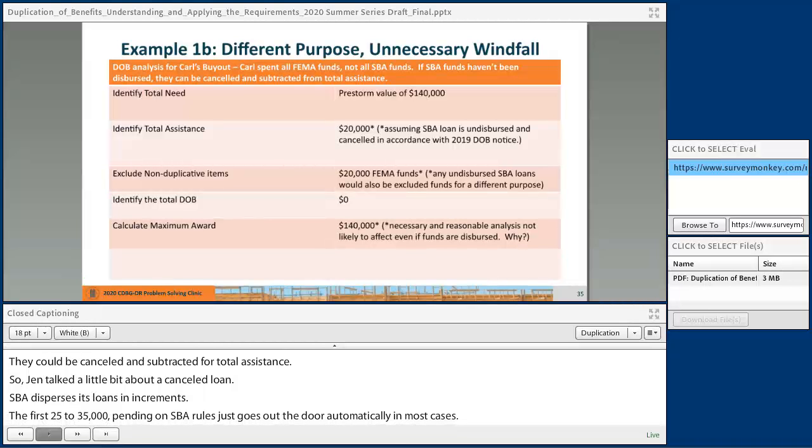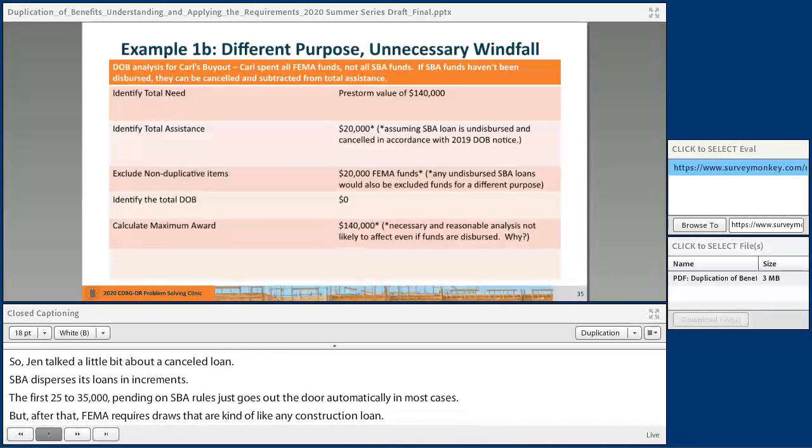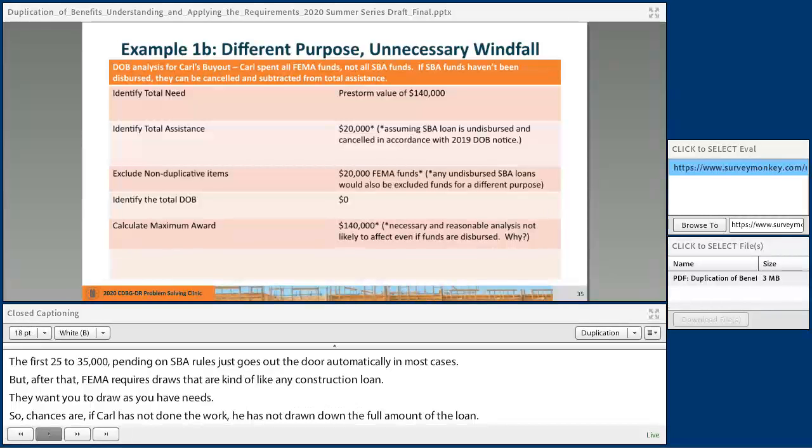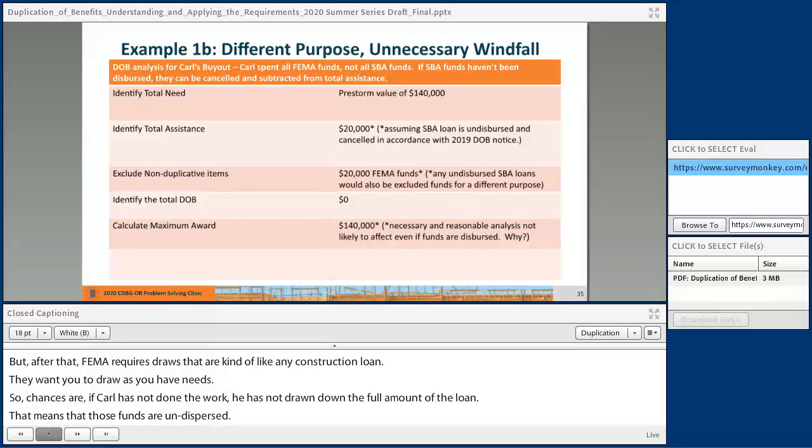So chances are, if Carl hasn't done the work, he hasn't drawn down the full amount of the SBA loan. That means those funds are undispersed, and under the DRRA, they could be treated as undispersed loan funds, or they could be canceled if you're after the period that the loan funds were available. Either way, they're just no longer part of total assistance.